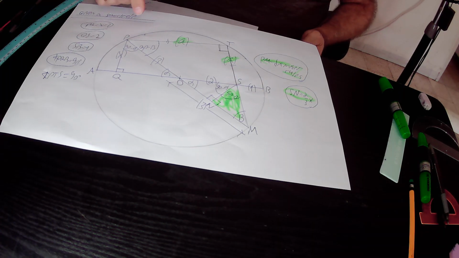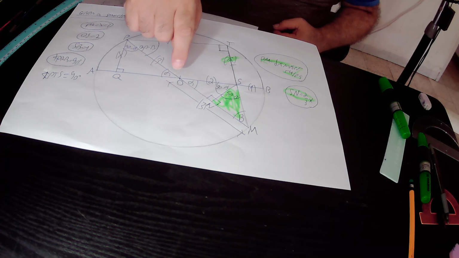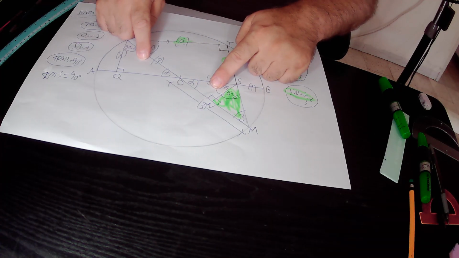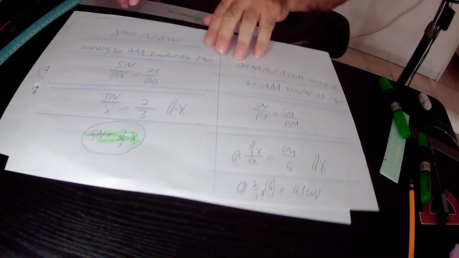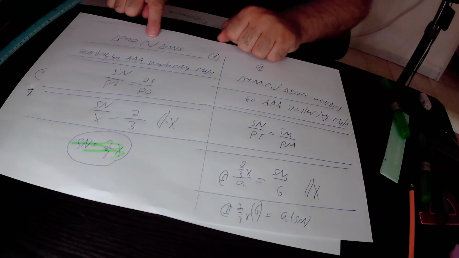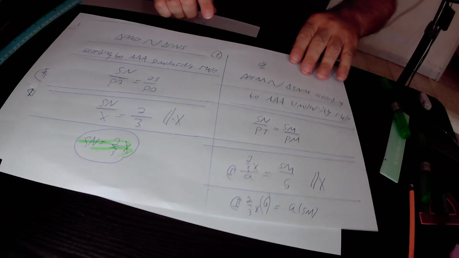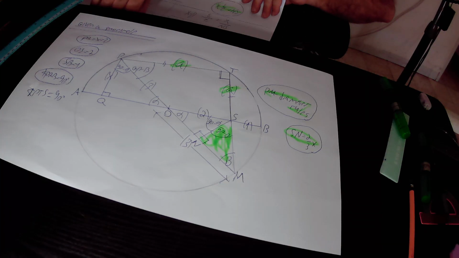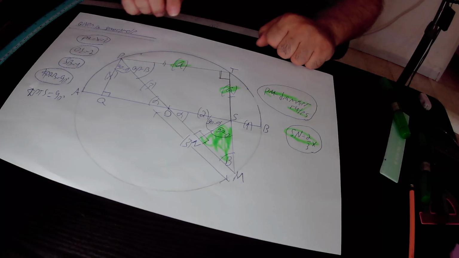So we prove that all the angles of this upper right triangle PQO are correspondingly equal to all the angles of this lower right triangle ONS, and therefore those two right triangles are similar to each other according to the angle similarity rule. So the upper right triangle PQO is similar, this is the sign of similar, to the lower right triangle ONS according to the angle similarity rule. And from the fact that those two right triangles are similar to each other, we derive that the following relationship exists between their sides.